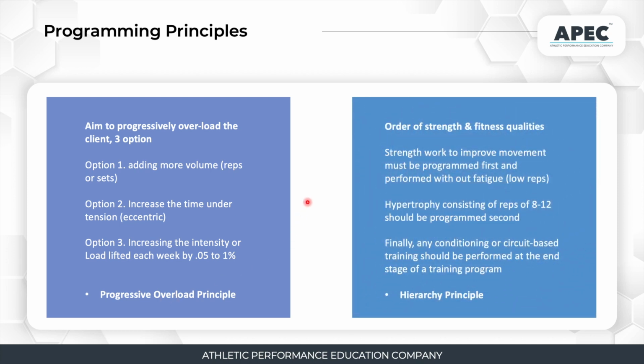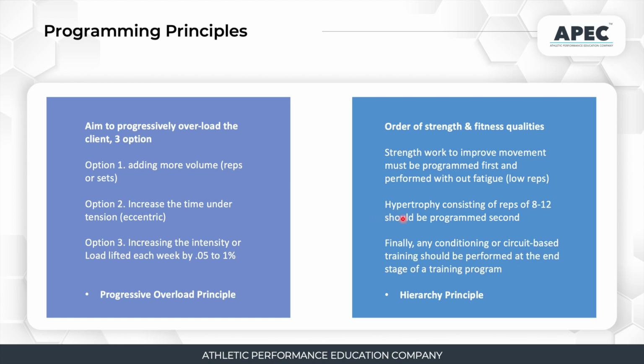Lastly, the order of strength and fitness qualities. So strength work to improve movement must be programmed first and performed without fatigue. Very important. So if we are looking to improve strength, that has got to be programmed first. That has got to come first in the program. That's got to be your primary focus. Your primary lift has got to be focusing on developing strength. Hypertrophy consists of reps of 8 to 12 and should be programmed second.